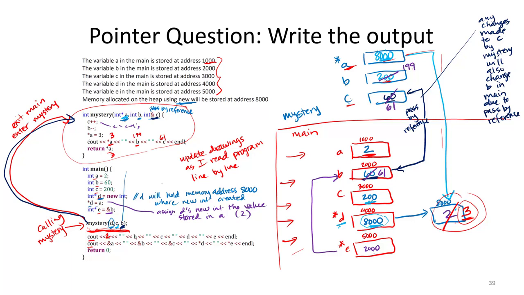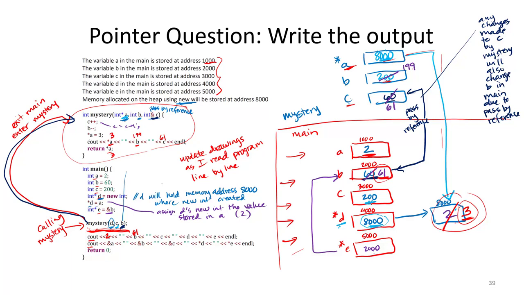If I output B to the screen, that's going to output 61. Remember, because of pass by reference, changes made by mystery still caused B in main to be changed.